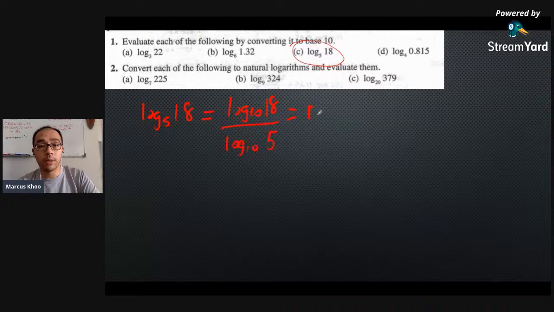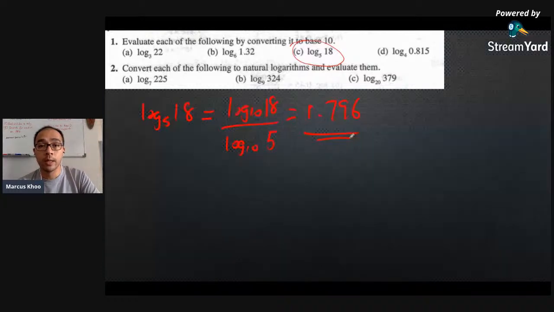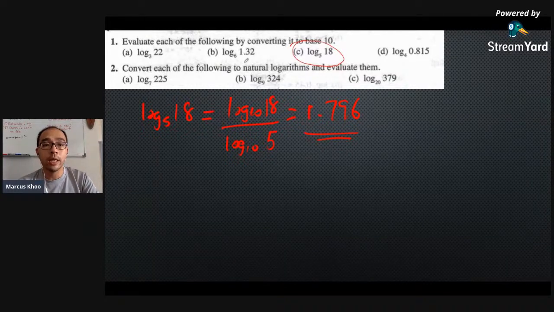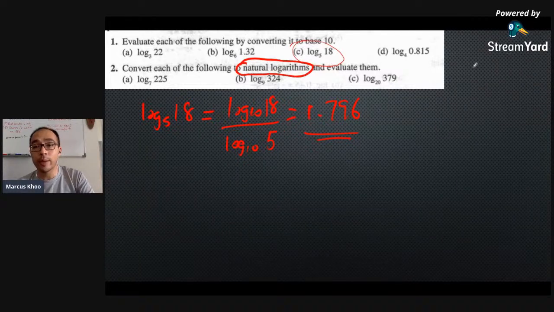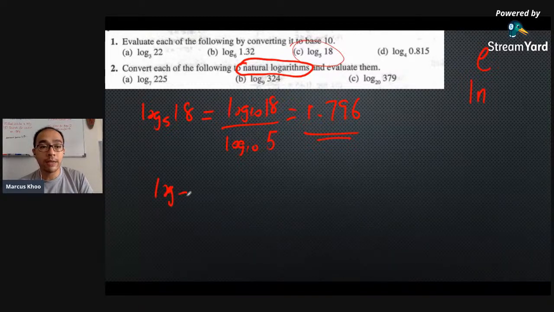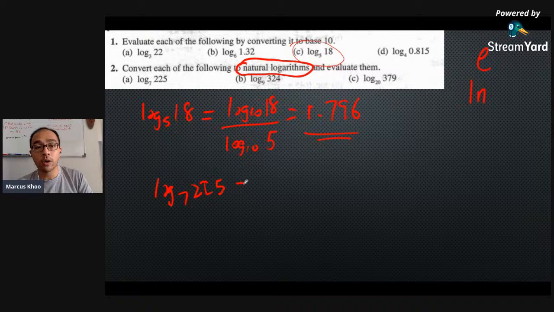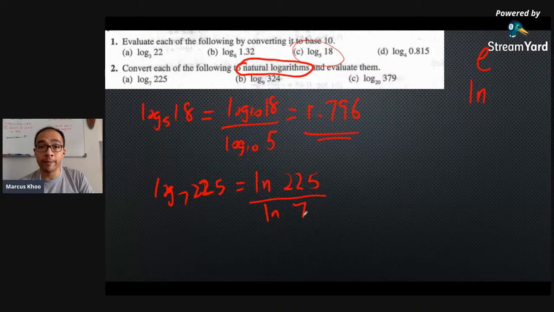Same way, if we want to convert it to natural logarithms, last week we learned natural logarithm is log base e, or we call it ln. So log base 7 of 225, if you want to convert it to natural logarithms, it will be ln 225 over ln 7.